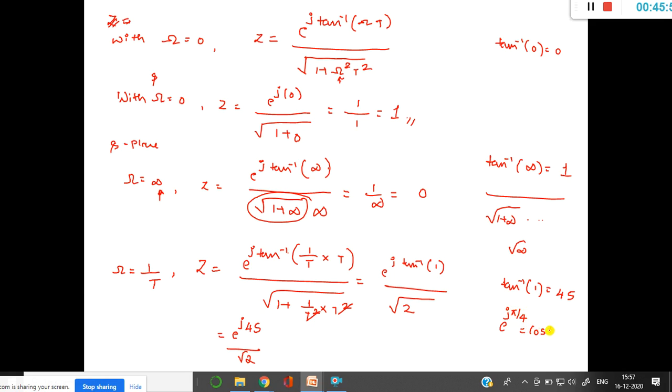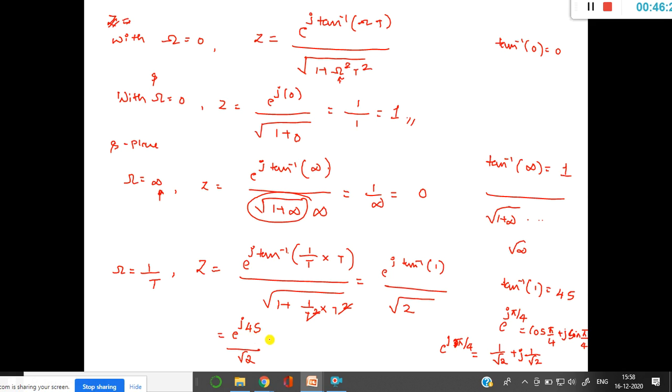So this is nothing but cos pi by 4 plus j sin pi by 4. What is the value of cos pi by 4 plus j sin pi by 4? What's the value? 1 by root 2 plus j times 1 by root 2, right?